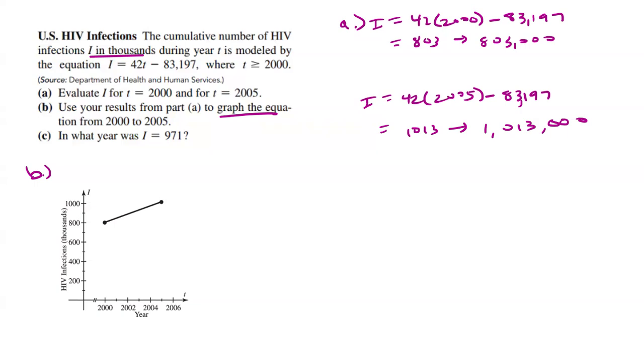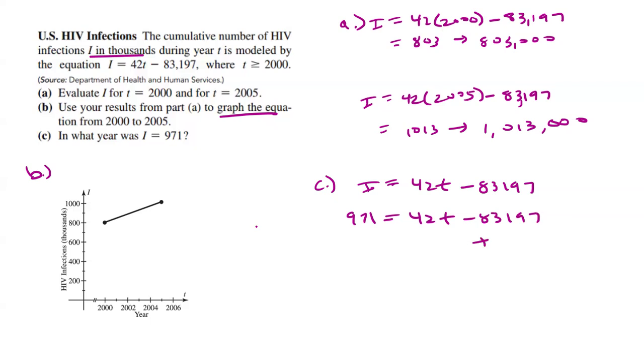Okay, so it doesn't say look at the table or the graph. It just says in what year I equals 971. So if we want to be accurate, then we want to plug in the value for I and solve for T. Okay. So again, we have I is equal to 42 times T minus 83,197. I is equal to 971. 971 equals 42T minus 83,197, and then we solve for T. So we add 83,197 on both sides.